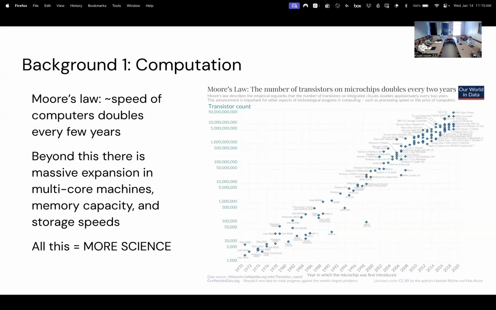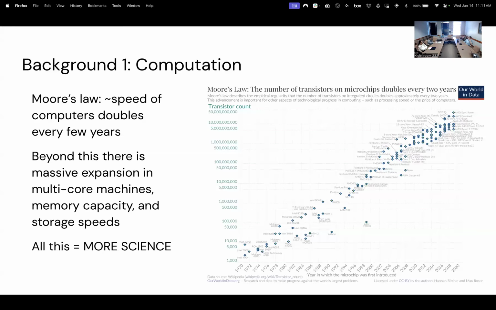This is the classic example of computers getting faster and faster over time, which is Moore's law, roughly the speed of computers or the transistor count. We'll talk a little more about the nitty gritty of computer architecture on Friday, but it roughly doubles every few years.